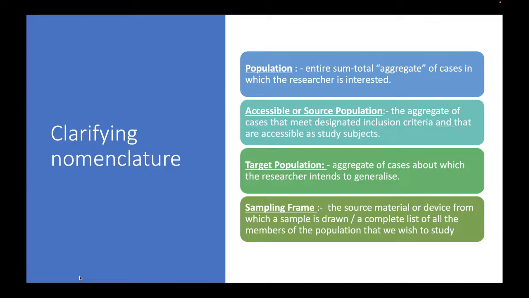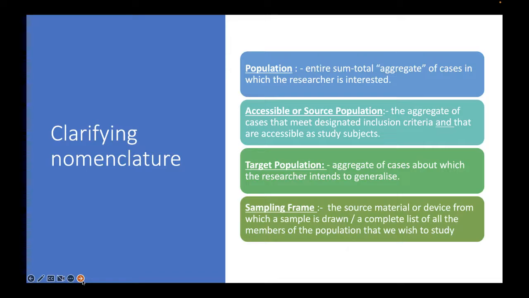Because now when you say to me the population was this, I understand it to exclusively mean that you are talking about all the people who are in the category or group that you're interested in. And similarly, when you utilize any of the other words there, I understand it the way I've described it to you and not the way you might have known it. And so it's important that we get this right.